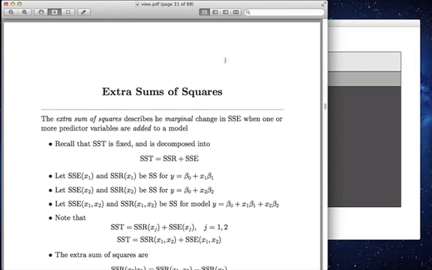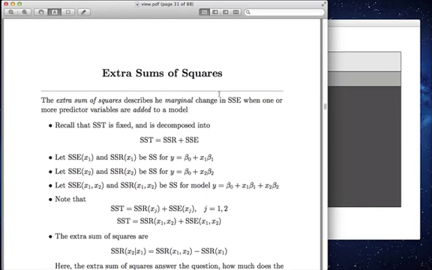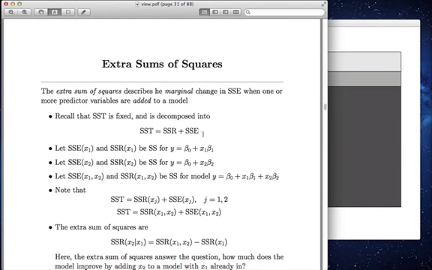Earlier we talked about having one predictor variable in the model. Now let's think about having two predictors in the model. In particular, if we have two predictors, there are three models that we're going to consider. One is a model that only has x1 in it. The second is a model that only has x2 in it.